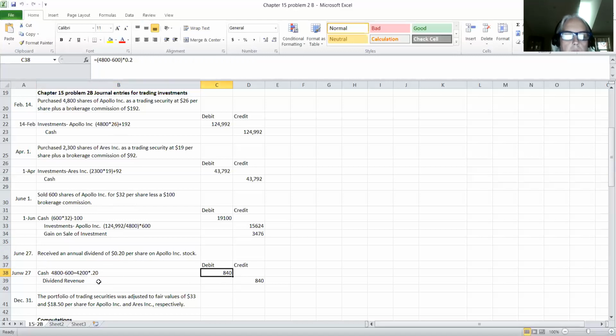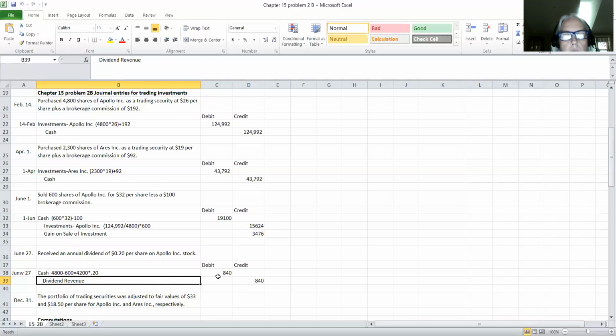Our dividend revenue account would be credited. This is a new account for this chapter, and dividend revenue, as it states, is a revenue account, it will increase on the credit side. So our dividend revenue is going up by $840, and our cash also went up in this transaction by $840.